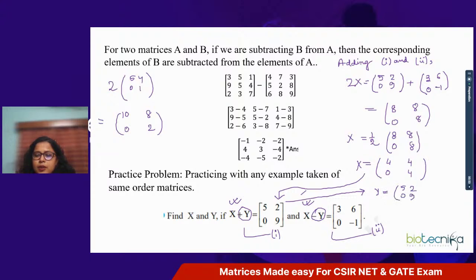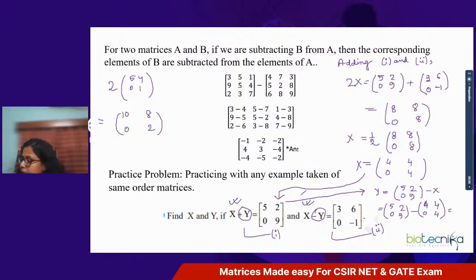5209 minus x, that is 5209 minus this x matrix, that is 4404. Now if we are subtracting, what are we getting? 4 is subtracted from 5.